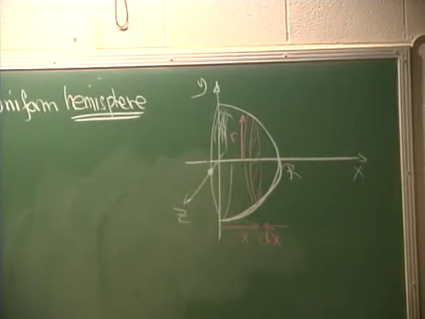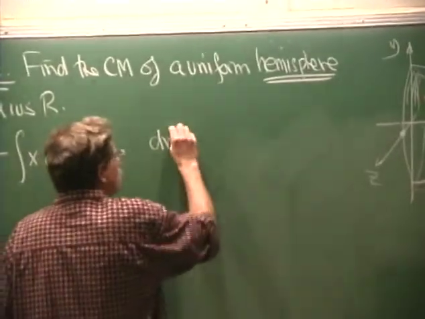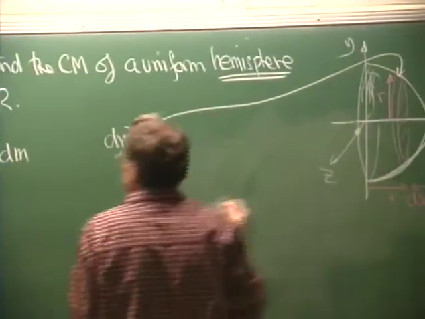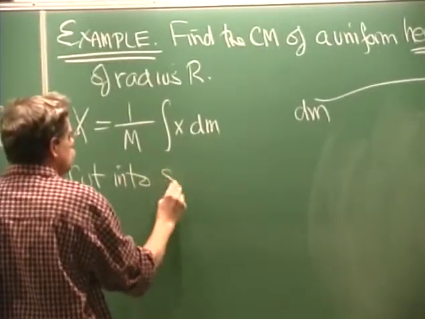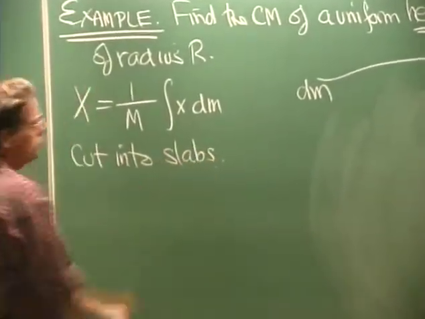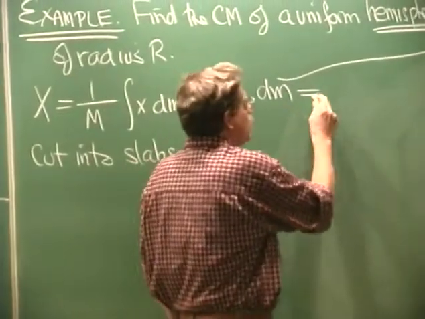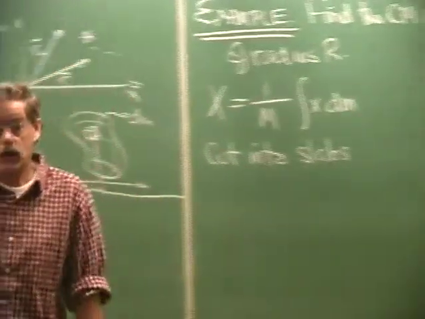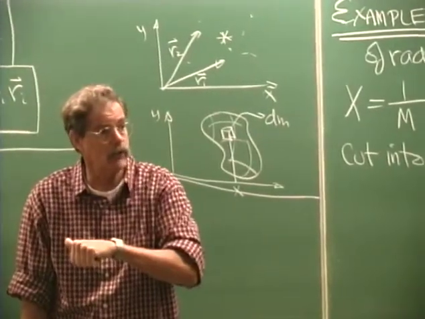Question, what's the mass of that slab, dm? The mass of that slab is, what would you say? Mass per unit volume times the volume of the slab, isn't that right?